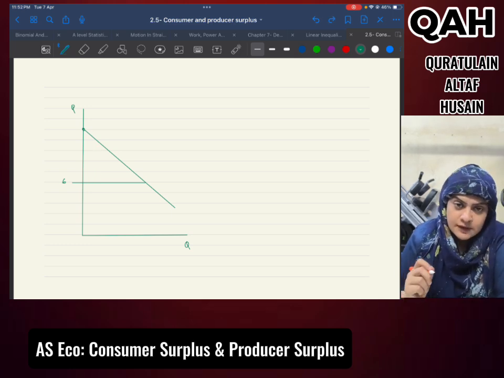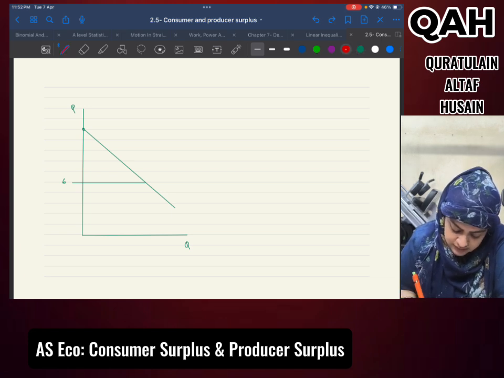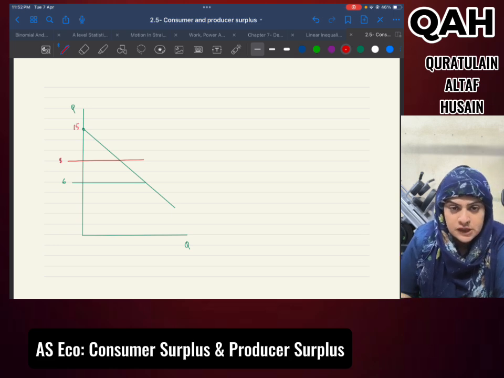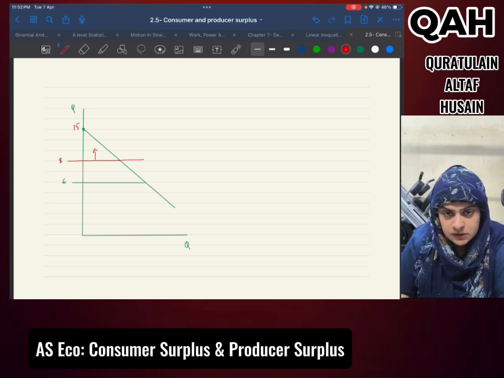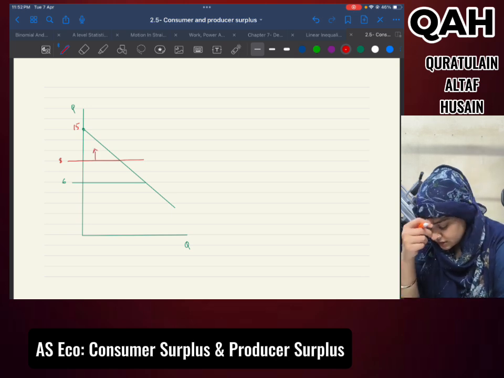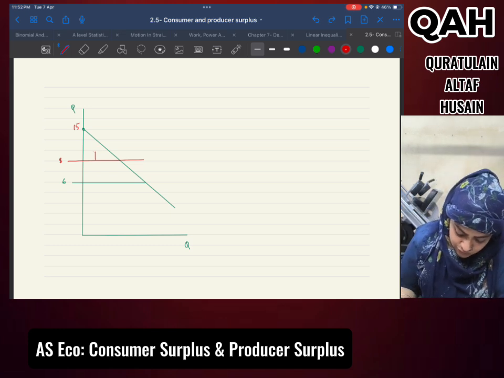But suppose the price changes. One scenario is that the price increases and becomes 8. The maximum willingness is 15. Now the area above the price and below the demand curve is the consumer surplus, so we can visually see that this has reduced.